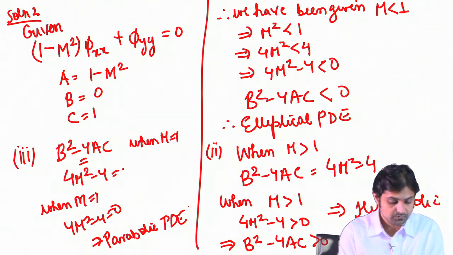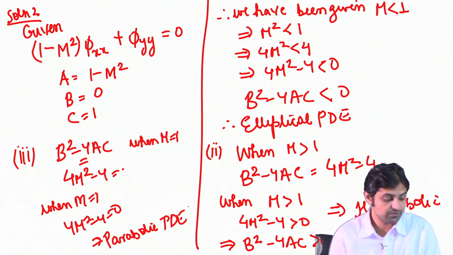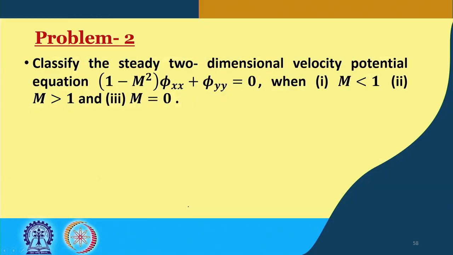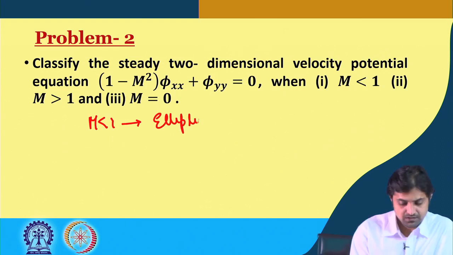So this is how we have solved the problem. Alright, so I'll just write the solution here. So when m is less than 1, it was elliptical PDE.